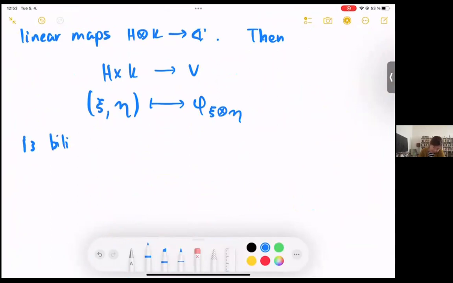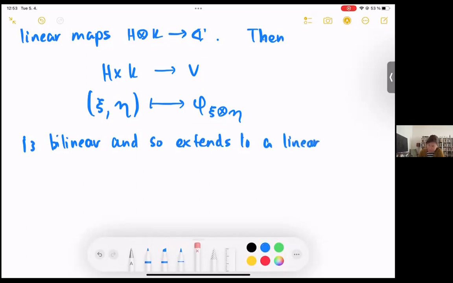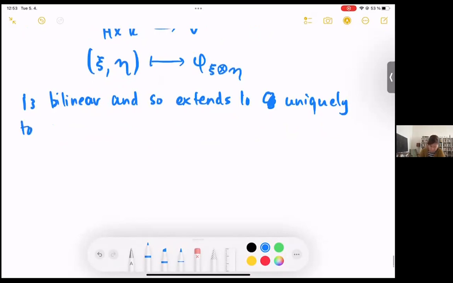And so it extends to the tensor product as a linear map. In fact, uniquely, because we did have this question of uniqueness, which I will call big phi.